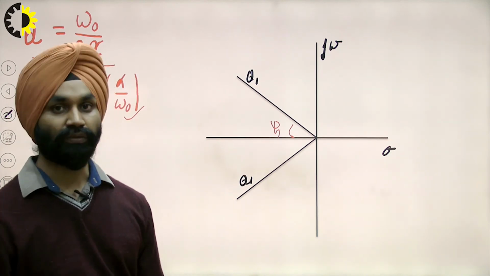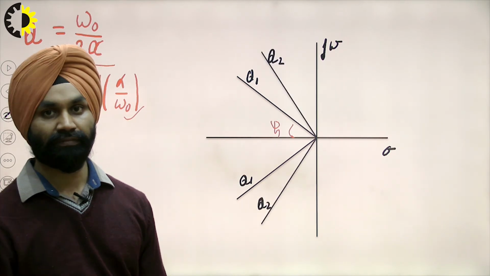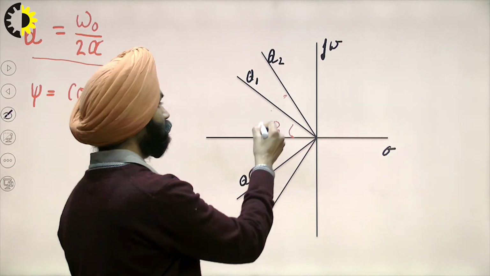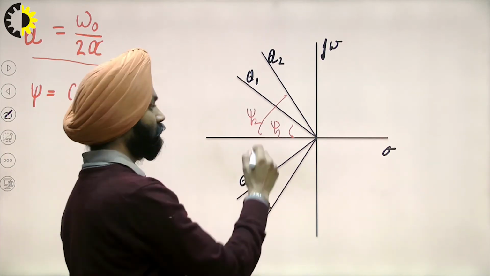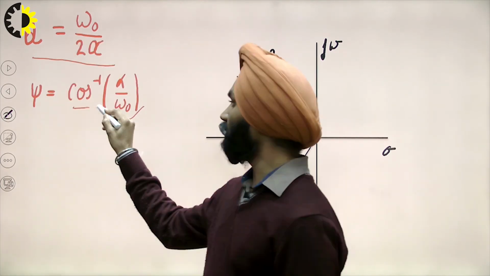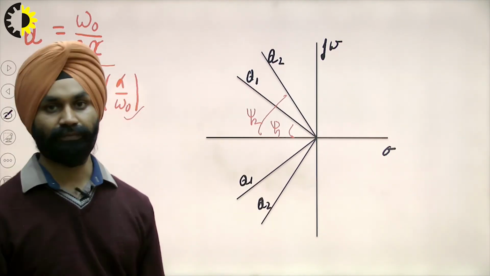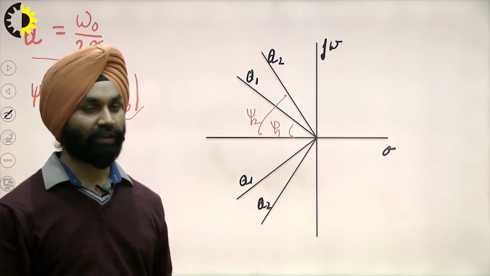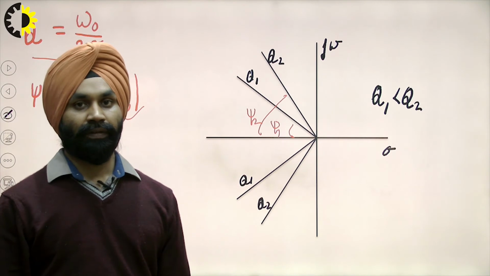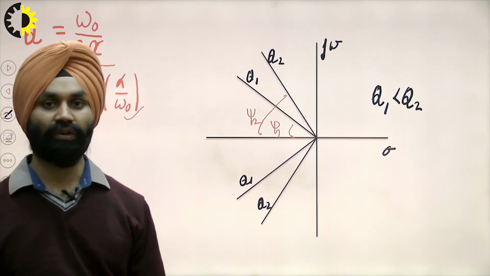With lowering down the q, the psi angle will increase, so it will give another line with psi 2. Now, see that we have cos inverse, so we have two values, one on the upper half of the plane and the other on the lower half. As q1 is larger, it has a lower angle.